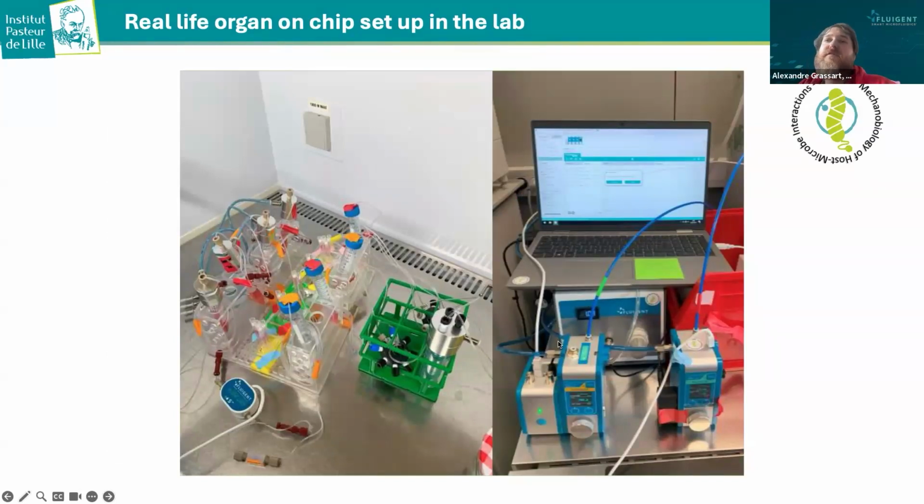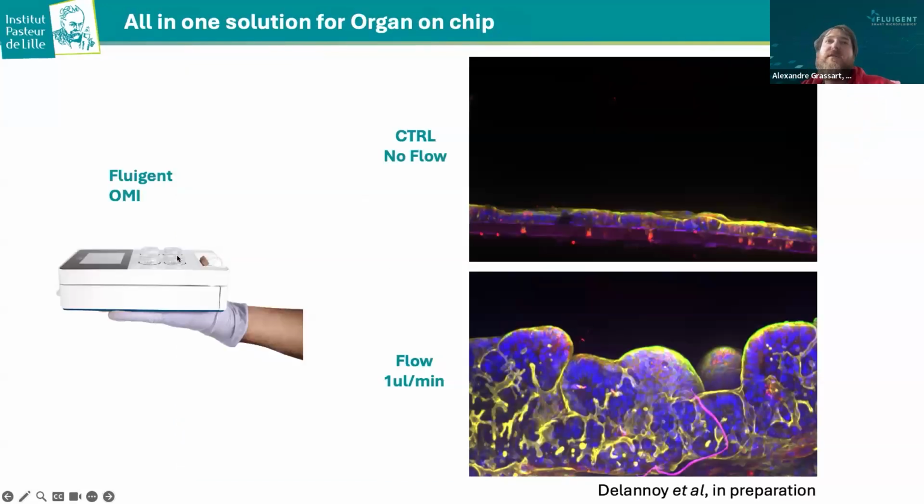But if you are not that much of an expert in this, you can now use this new system offered by Fluigent called OMI, which is fully plug and play. So it's much easier and safer, especially when you are using pathogens, where you just have this reservoir that you open and pipette up and down, and you can easily sample your system.